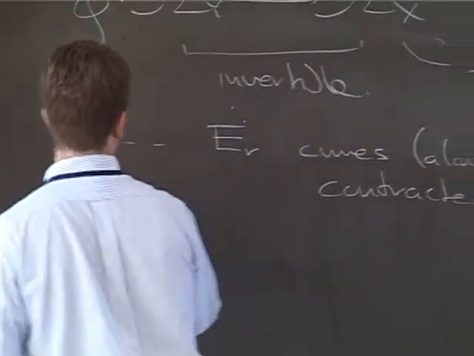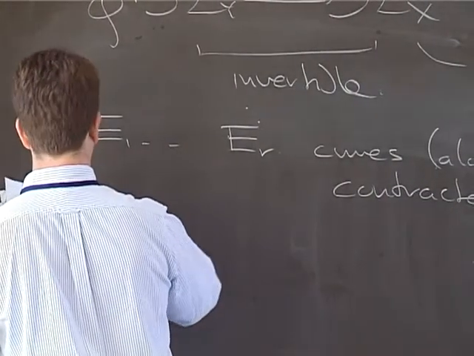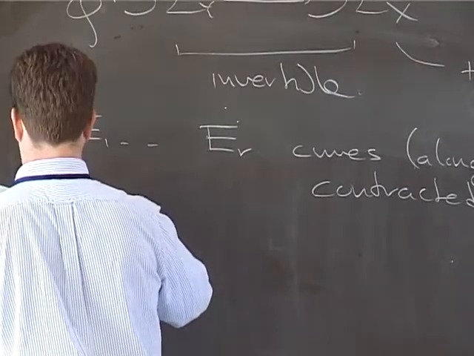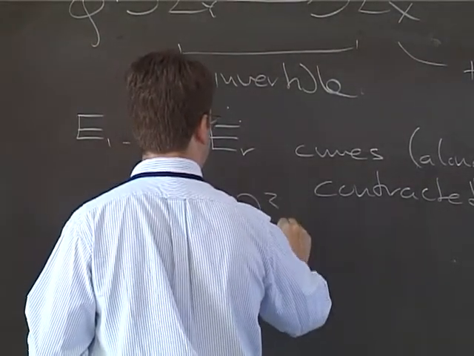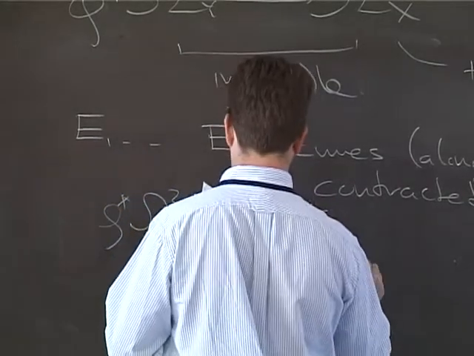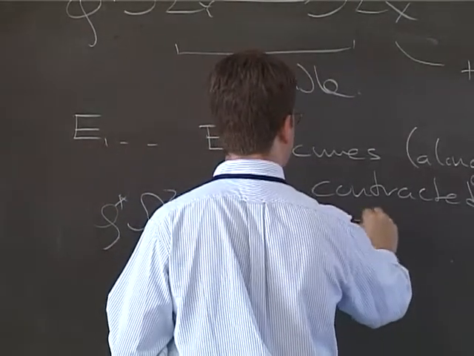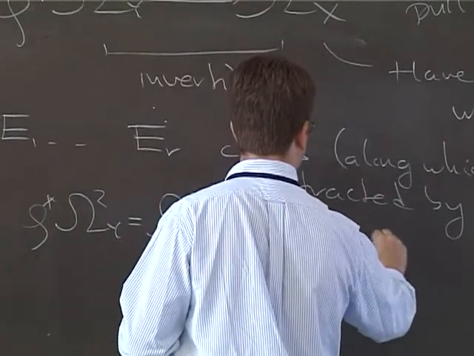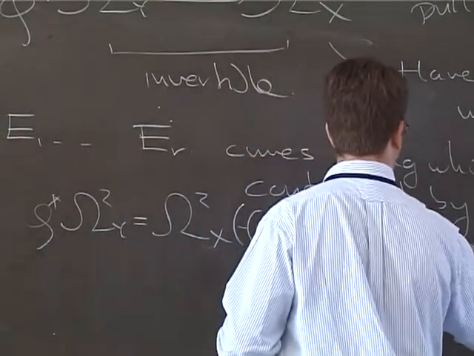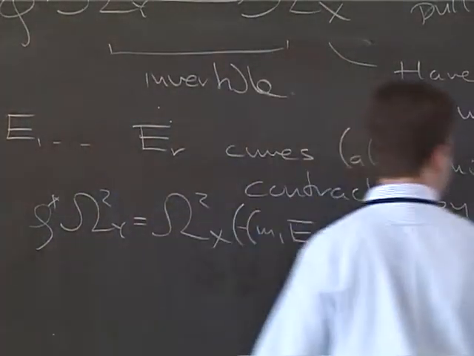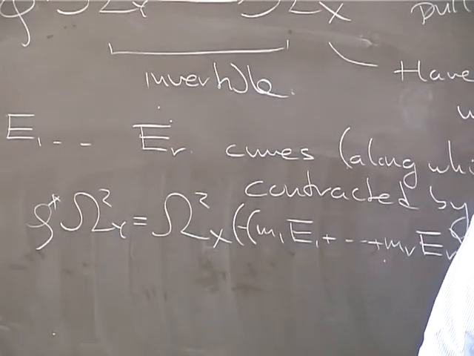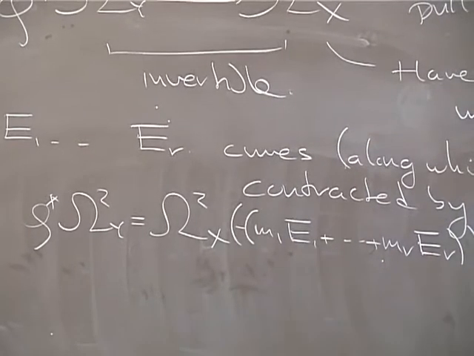Then I can write, I hope I get the signs right here, this as a sum where each one of these mj is actually positive.